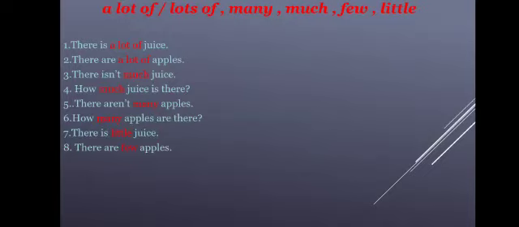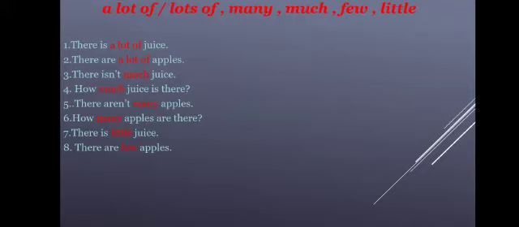Go to example number 3. There isn't much juice. We use much here before an uncountable noun, in negative. How much juice is there? This is a question, so we can use much before uncountable in negative and question. There aren't many apples. Many here comes before the plural noun. How many apples are there?